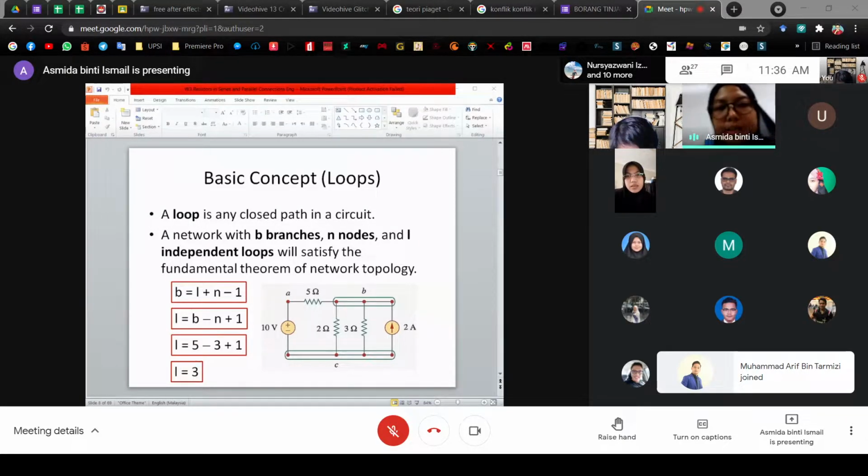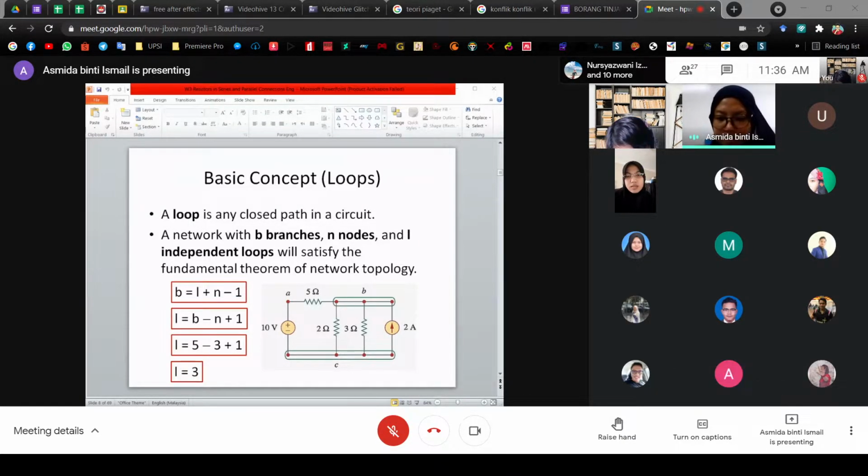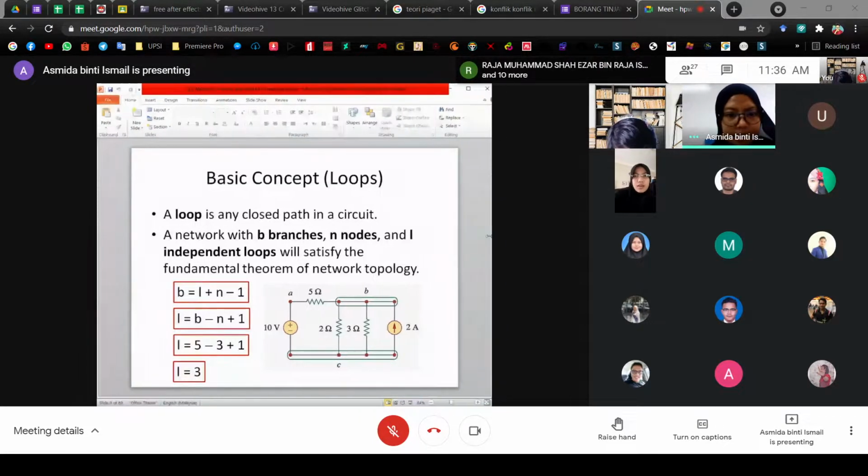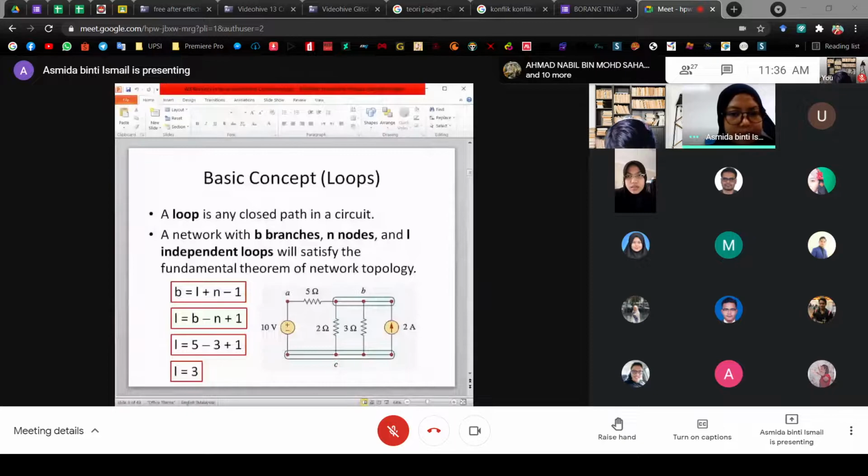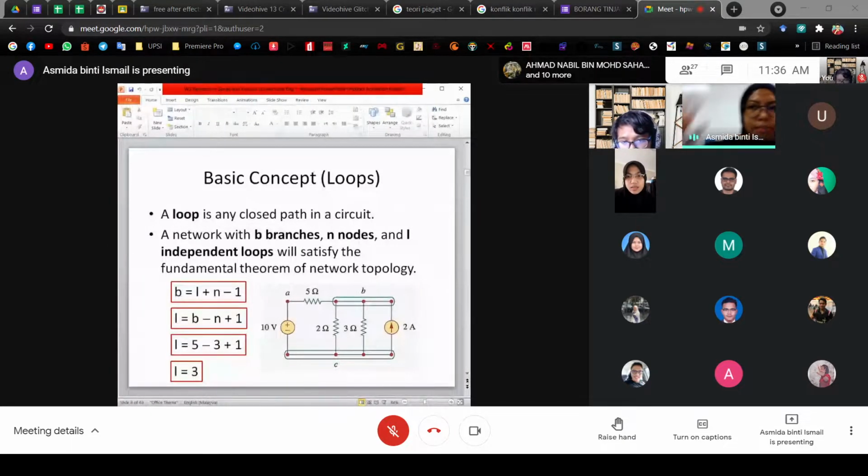Tapi saya tak tahu awak nampak ke tak. Awak boleh view saya punya gambar clear kan? Awak nampak tak?